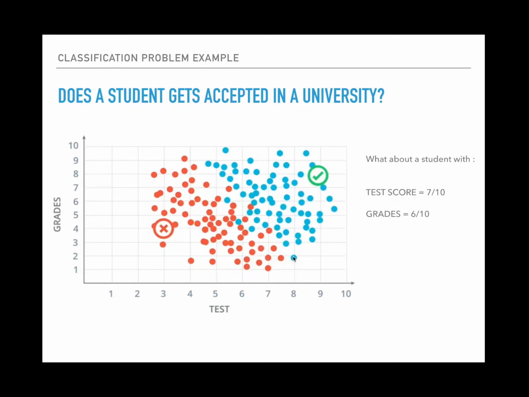So what about a student with a test score of 7 and 6 grades? He will lie somewhere around here, and I think he might get accepted. So we want to form a boundary line, a linear line, which will divide the blue points and the red points, with a few misclassified points.